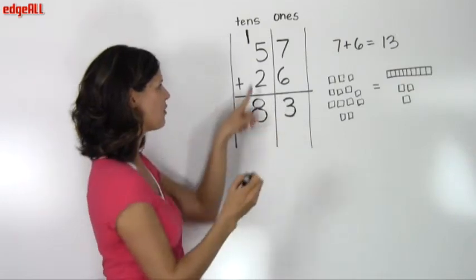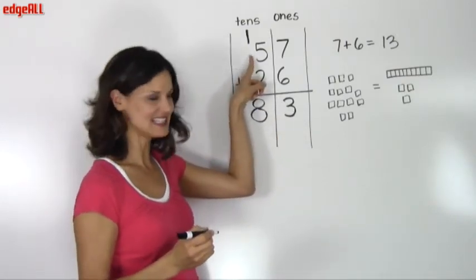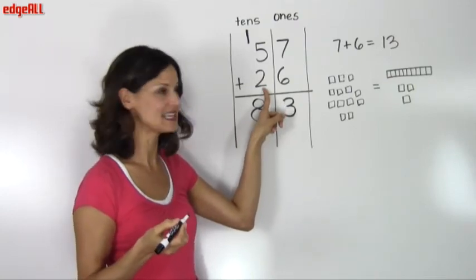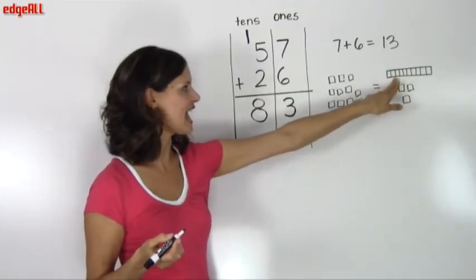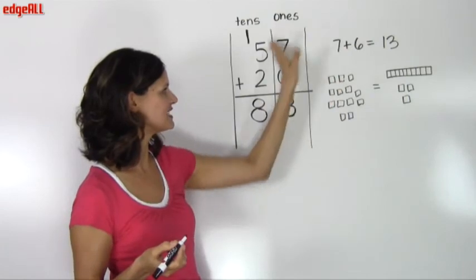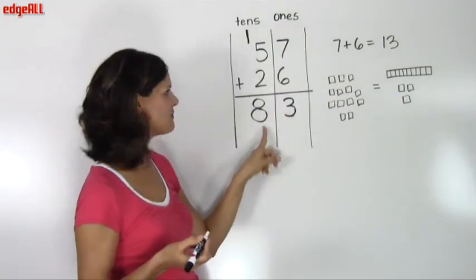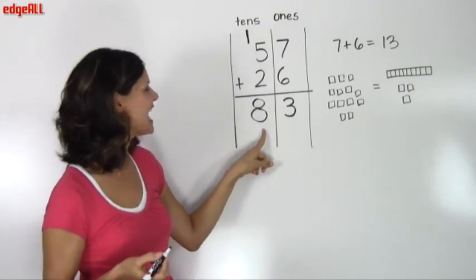So we had before 5 tens plus 2 tens, which would have given us 7 tens. But with this additional 10 that we regrouped from our 7 plus 6, we had to add one more to make a total of 8 tens.